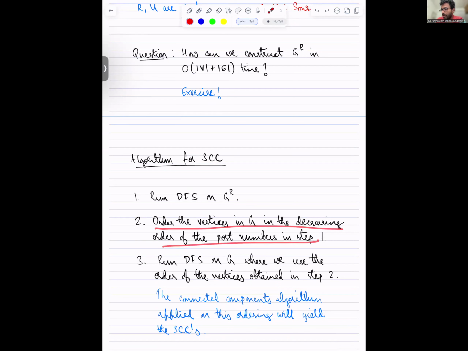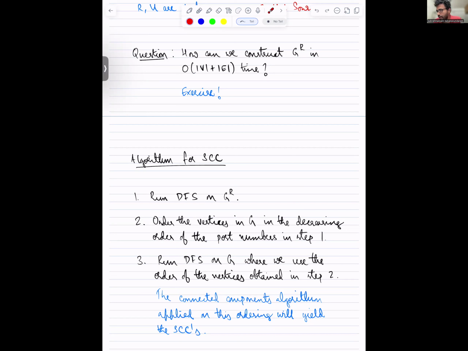What is the ordering? It is the ordering of the vertices in step one. Whatever post numbers you obtain in step one, you order the vertices as per the decreasing order of the post numbers. So when a vertex has multiple paths to explore, you pick the path that comes first in the ordering. If there's only one path to explore, then there is not much to decide.